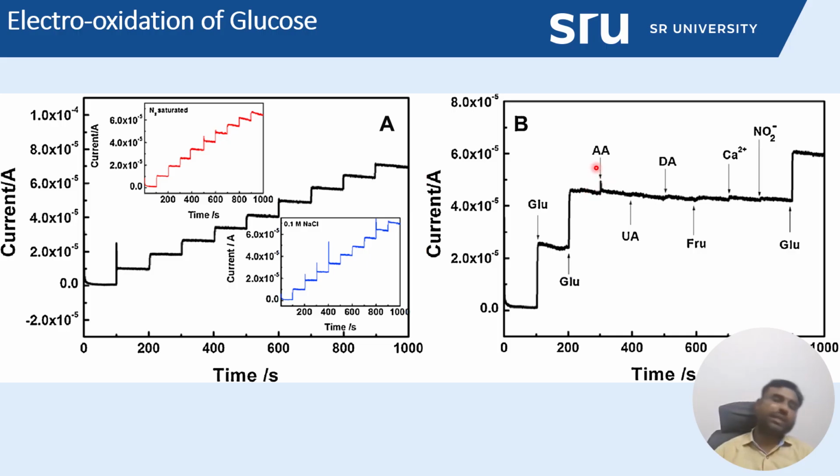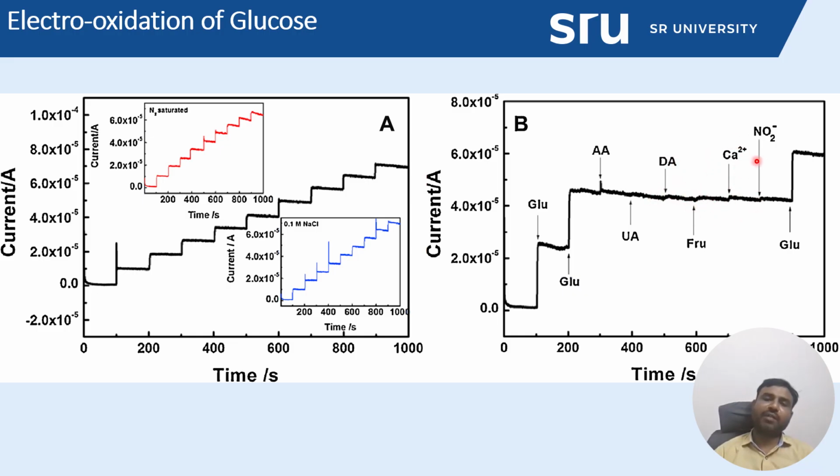There is not much increase in the oxidation peak, which means the copper sulfide modified electrode is highly selective for detecting glucose, not ascorbic acid. To further confirm with other analyte molecules, at 400 seconds we add uric acid. There is no hump and no signal in the saturated oxidation peak. Further we added dopamine, which does not affect it. And again we added fructose and some metal ions.